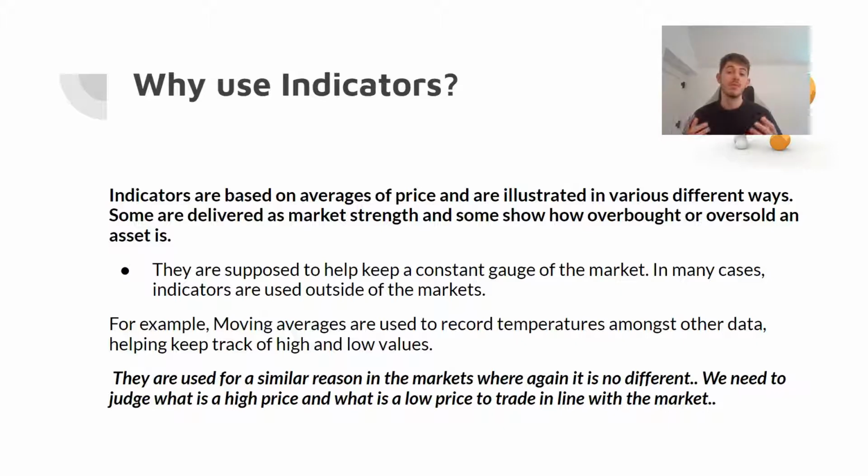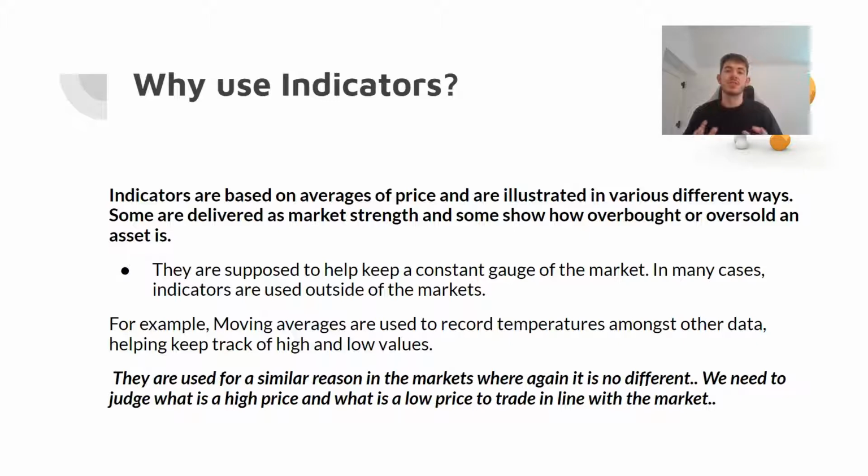The way we can really look at this in detail is by taking an example outside of the markets. For example, when temperatures are recorded, you often see a moving average line. That basically helps you keep track of what's a normal value and what isn't, and any deviation from that obviously tells you what would be a high temperature and what would be a low temperature.